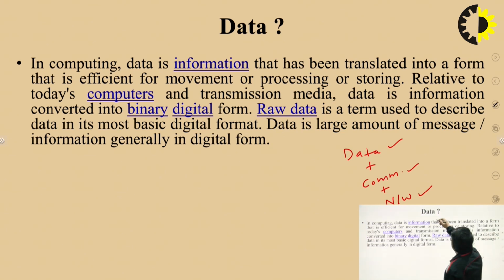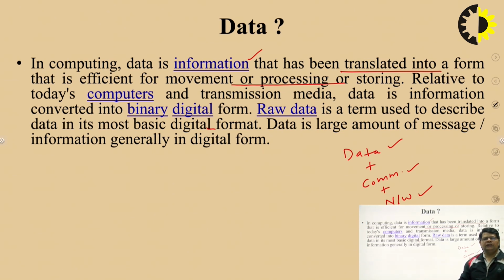This message or information cannot be directly used with the network. So this message or information in the case of computing needs to be translated into a form that is sufficient for movement or transmission, processing or storing.